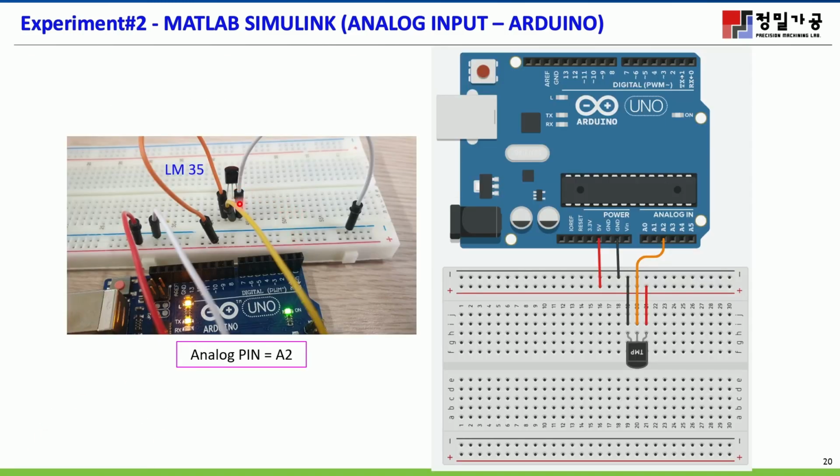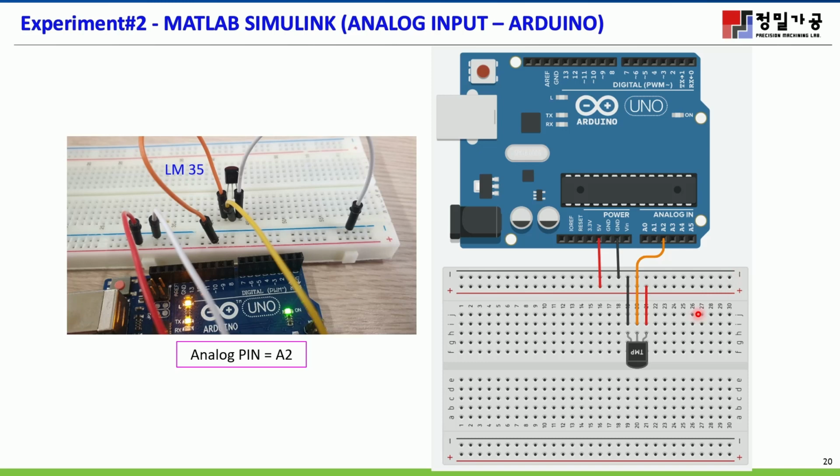Here we connect the source voltage and the middle pin. The yellow cable in this picture is the signal, the orange cable is positive, and the white cable is negative.